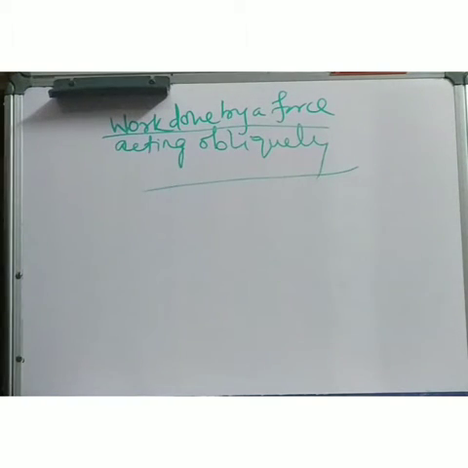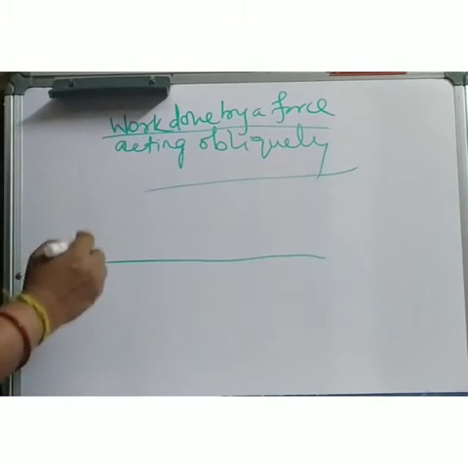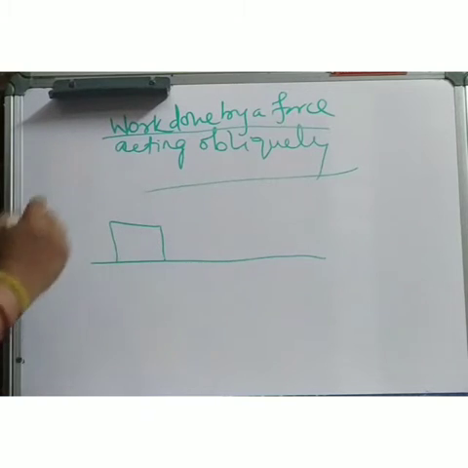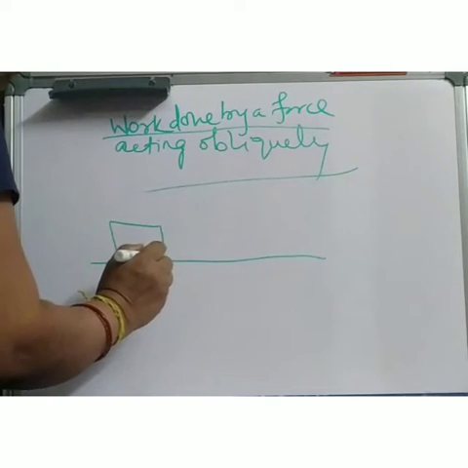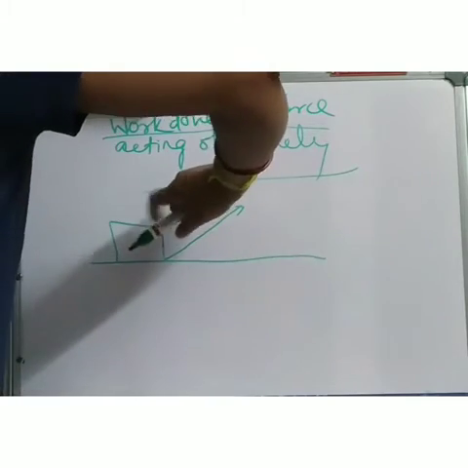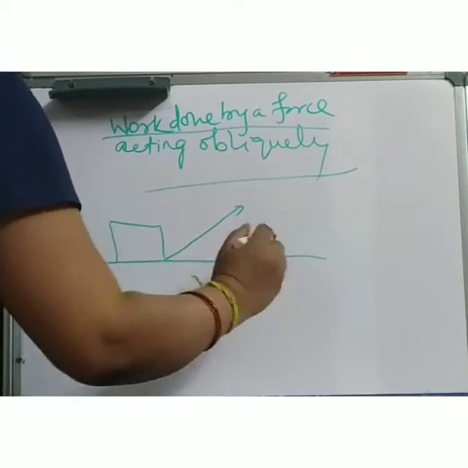Now suppose this is the plane ground and your object is over here. You are pulling the object like this, so you are applying the force like this. That means your object will move.